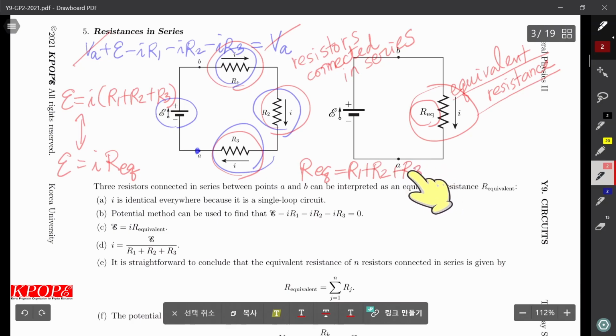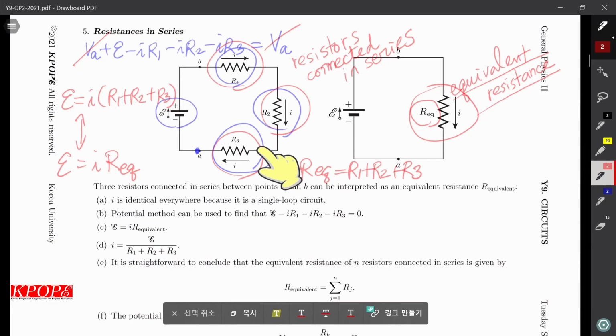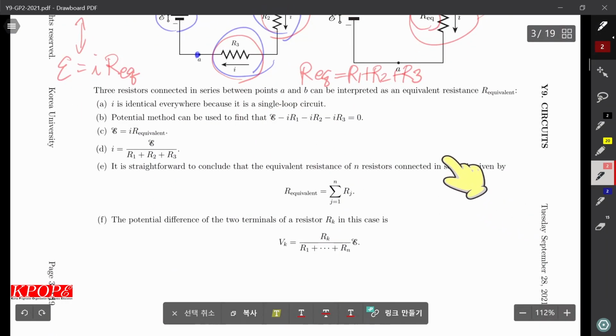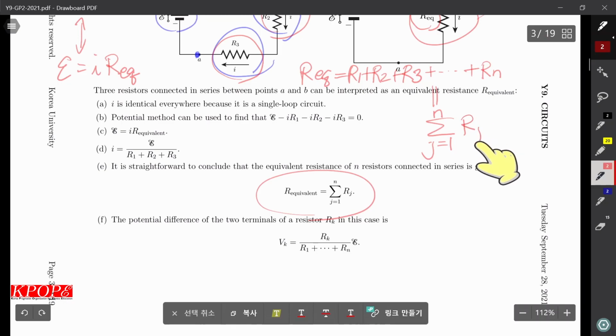We can extend this idea, generalize this to the case of connecting N resistors in series. Then we have this formula. It can be extended to Rn. That is the sum over j that runs from 1 to n of Rj.